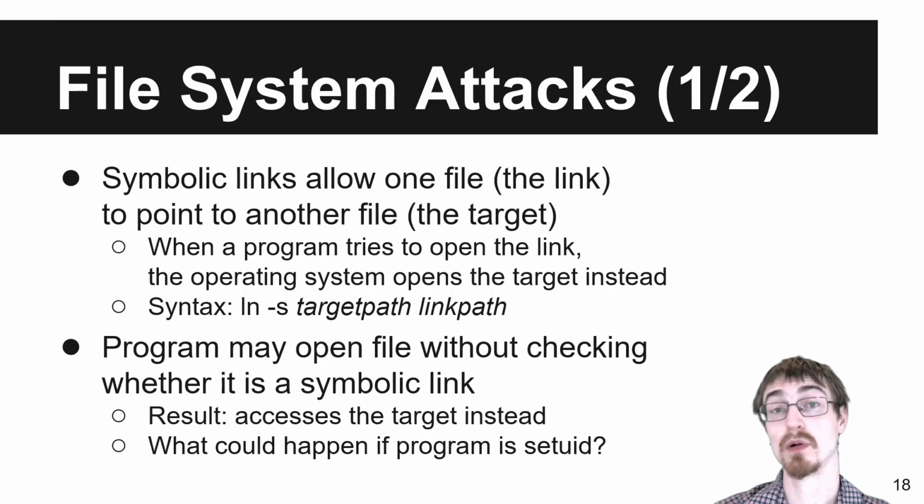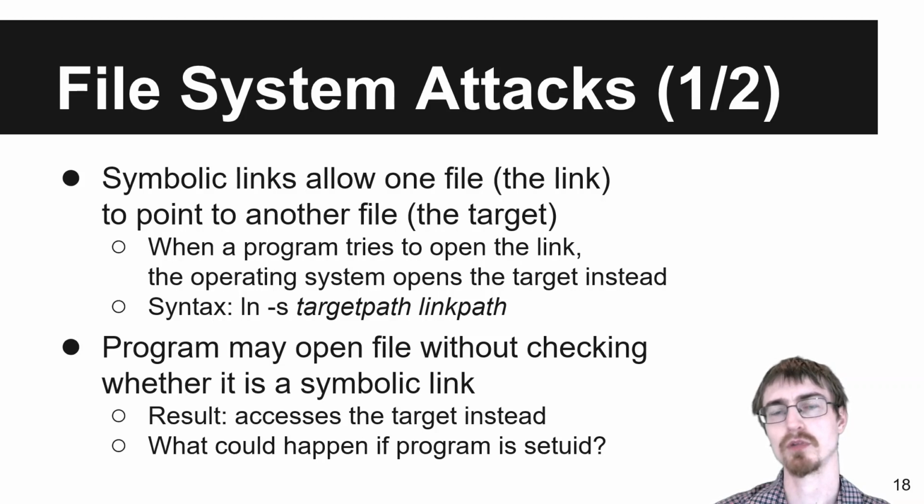So the program might have verified that this file is in a particular location where the end user is allowed to write. So assuming, for example, this was a temporary file that's in a temp directory. However, if the target points somewhere else, then even though the program checked, it will not realize that it now has the permissions to write in the location the link points to, but the user does not.